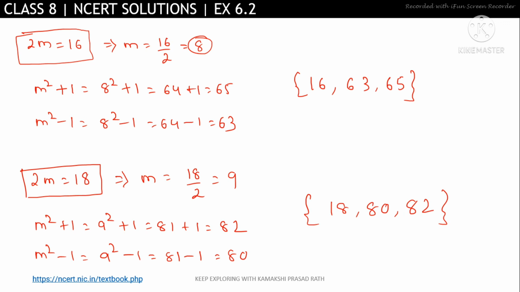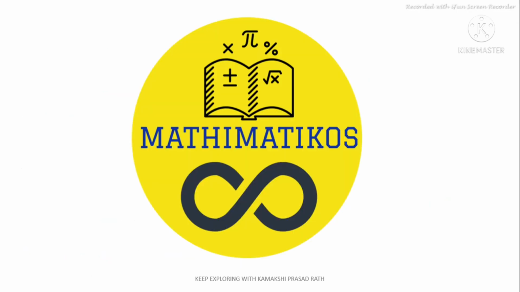Then we use the value of m and find m squared plus 1 and m squared minus 1. Hence we get 16, 63 and 65, which forms a Pythagorean triplet. In the last one, we have taken 18 as 2m. So from here m we have got as 9. m squared plus 1 we got 82 and m squared minus 1 we get 80. Hence 18, 80 and 82 form the Pythagorean triplet.